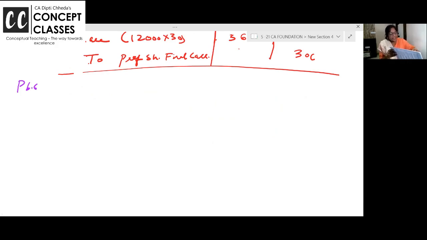Until now, does anyone have any doubt related to issue? Are these entries easy or not? The sixth problem is on page number 280 in our material.